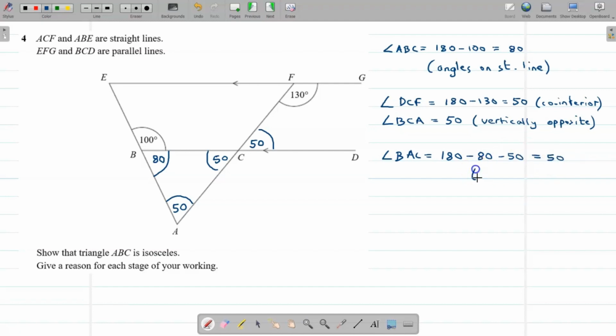And that's because angles in a triangle add to 180. Okay, and that's it. And we just need to say two equal angles of 50 degrees, therefore isosceles.